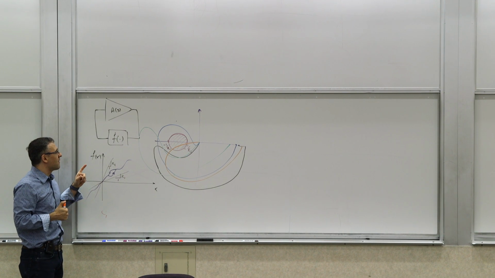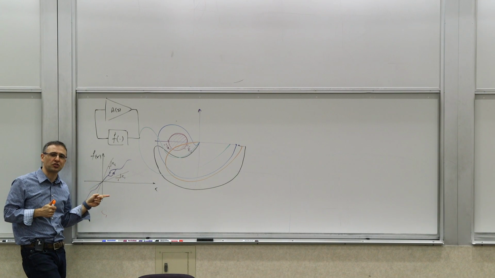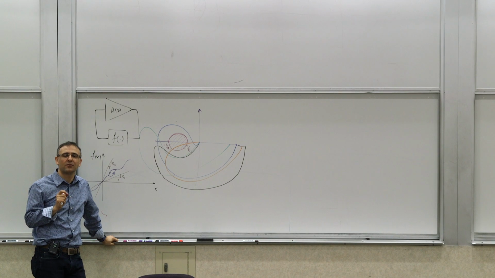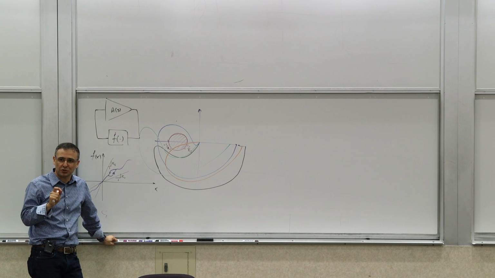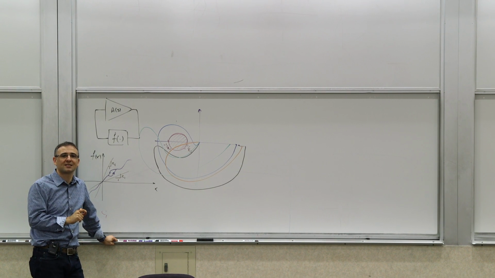Now, this is a sufficient condition for stability. So we have to be careful about it in the following sense. It means that if you satisfy the circle criterion condition, you are stable, guaranteed. But if you violate it, you're not necessarily unstable.